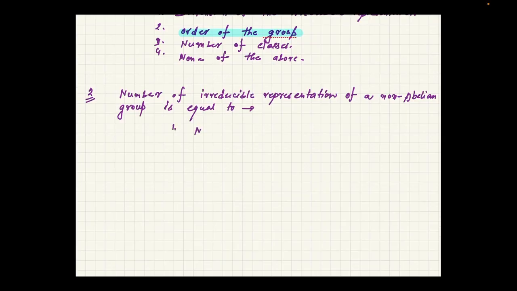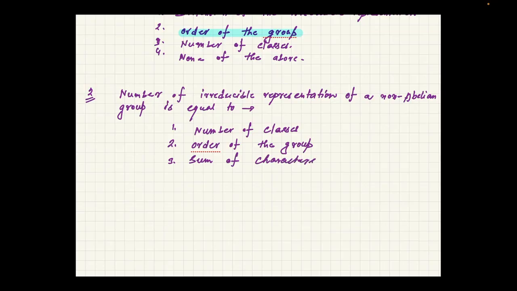First option is number of classes. Second option is order of the group. Third option is sum of the characters of all operations. Number 4 is none of the above.